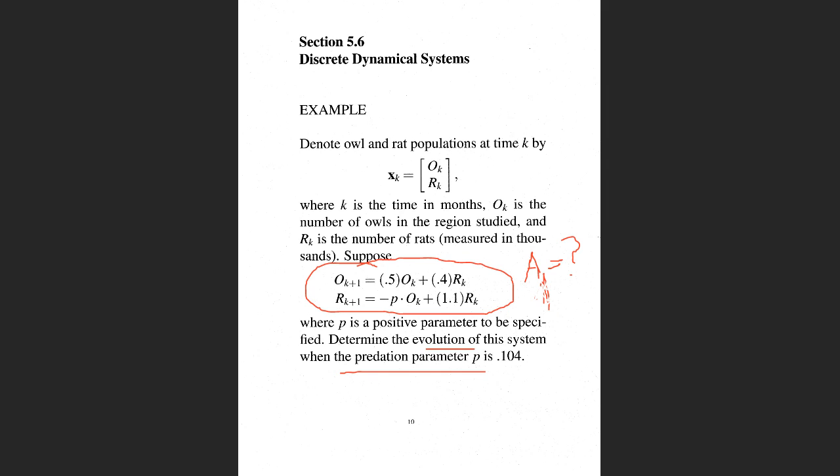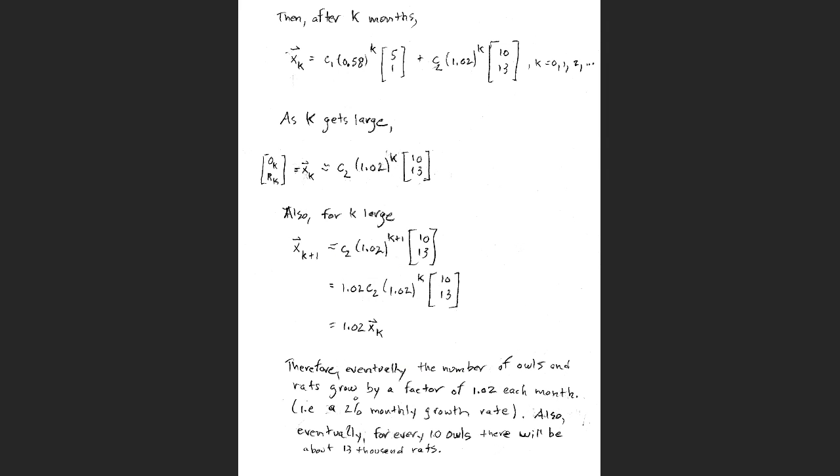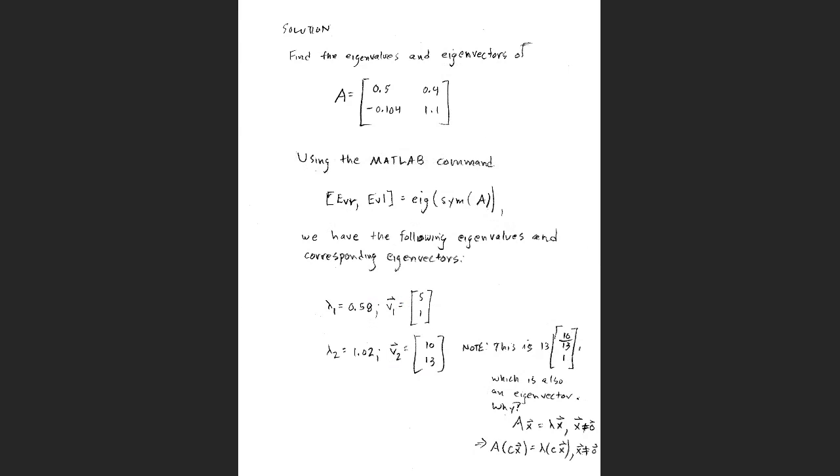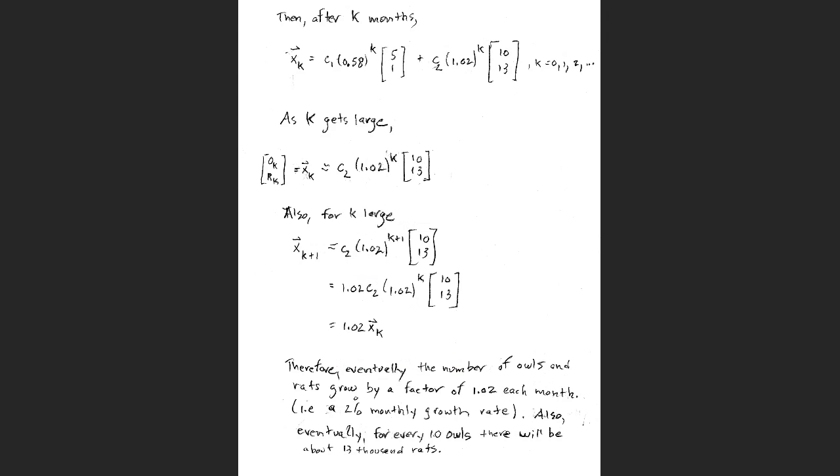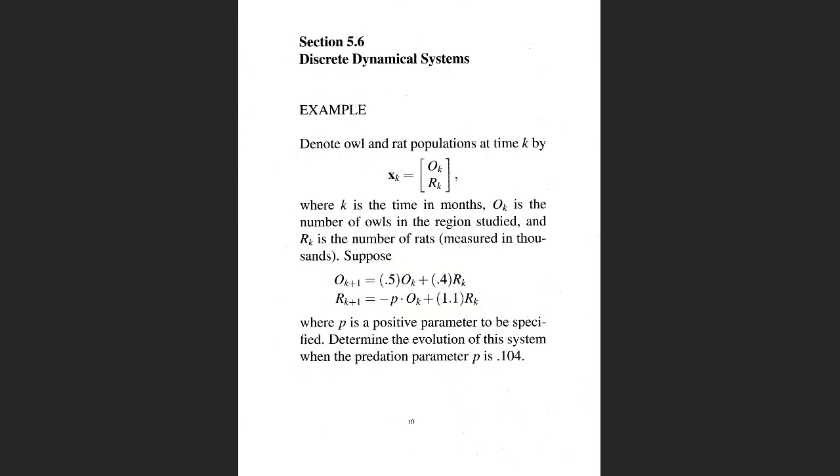Let me see here. One moment, class. All right, the matrix A is going to be this matrix here. Let me go back to the original page. This system of equations models the relationship between the owls and the rats, a predator and a prey.